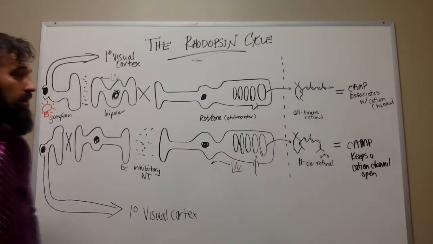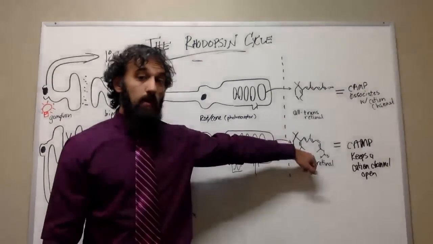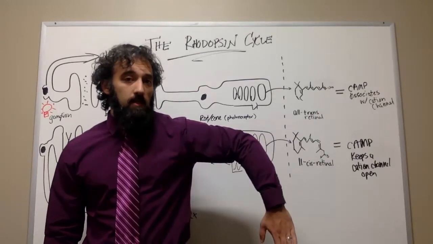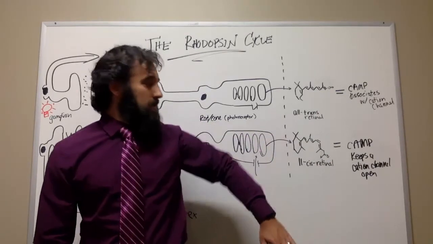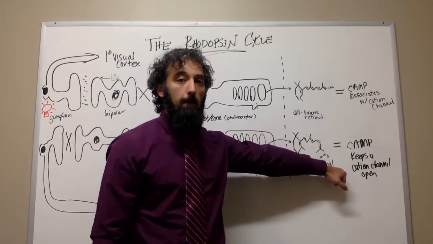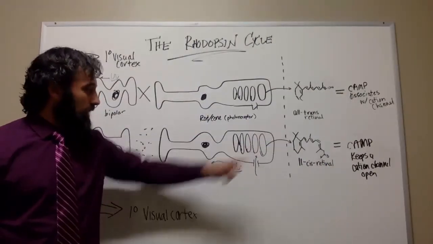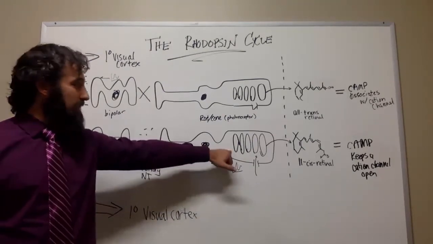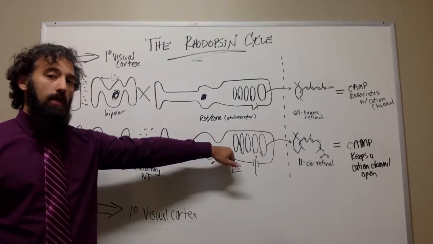In the dark, retinol is in 11-cis, and because it's in 11-cis, cyclic AMP is keeping a cation channel open. That cation channel will allow cations to go into the cell, which will depolarize the cell.